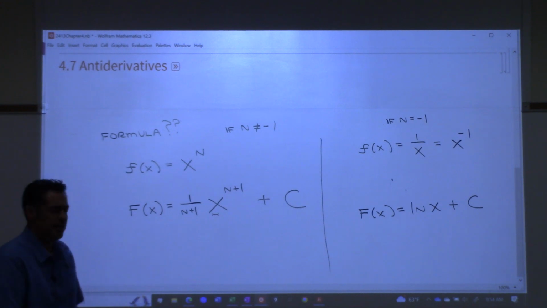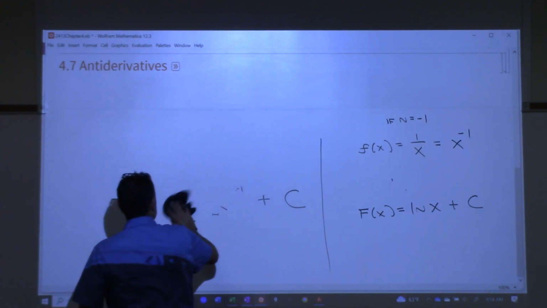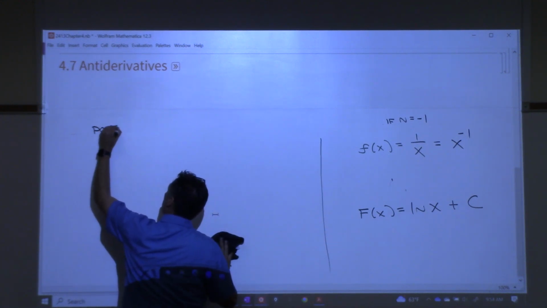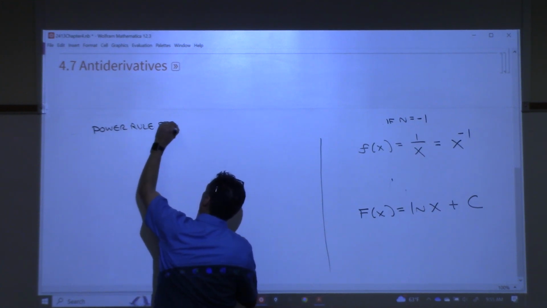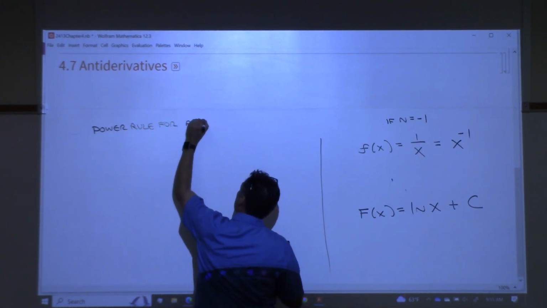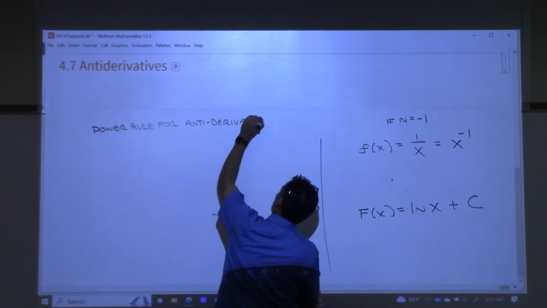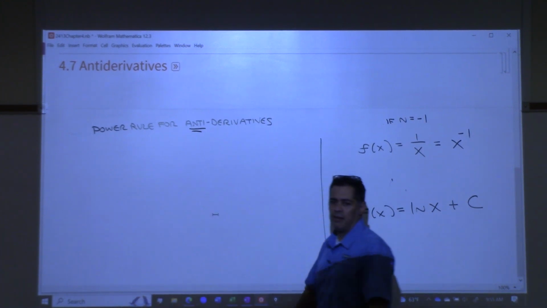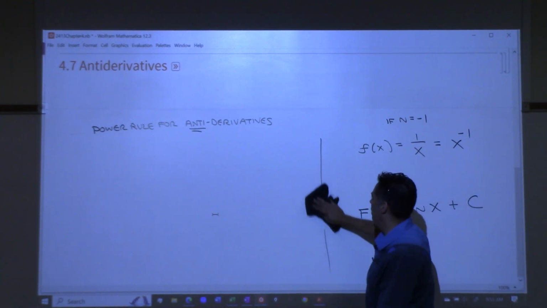So let me write it down here. I'm going to give you the final form of this. This is called the power rule for antiderivatives. Do not confuse this with the power rule from Cal 1 that we started this class with a long time ago.